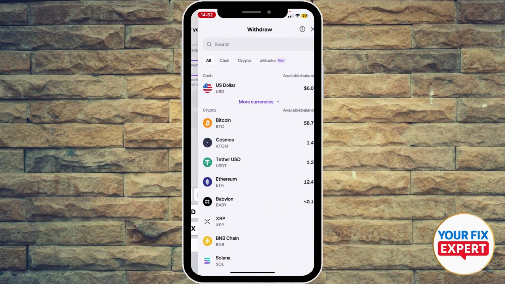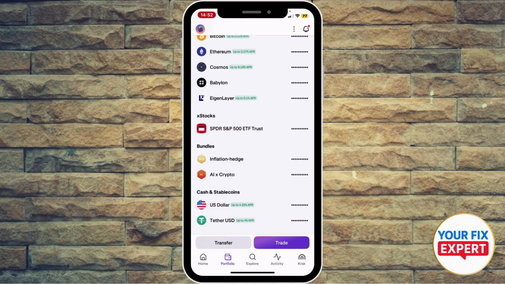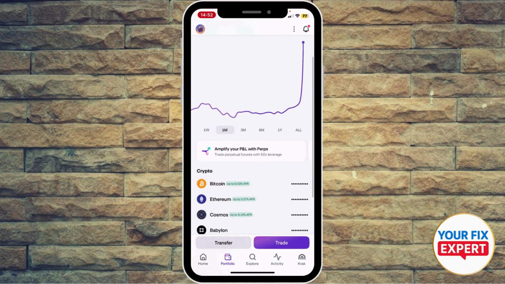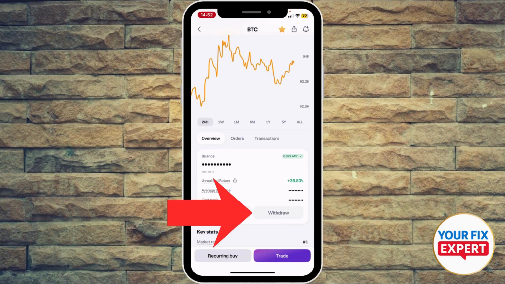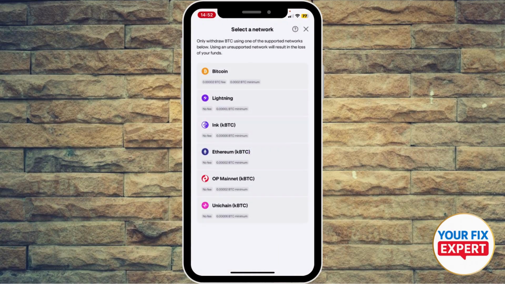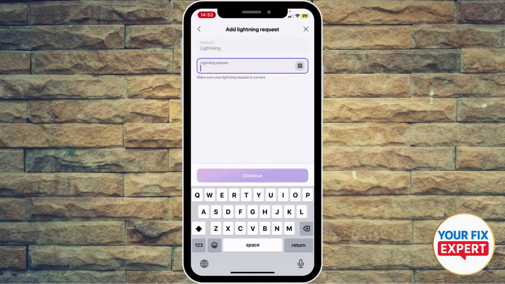But if you want to withdraw crypto right away, to another platform or another chain, as people in crypto call it, I'm gonna go ahead to Bitcoin, the same. Scroll a little bit down, hit withdraw, and select your network, and then enter the address generated by the other platform, like let's say Phantom or crypto.com or any other platform really that deals with crypto in general, or even Trust Wallet.